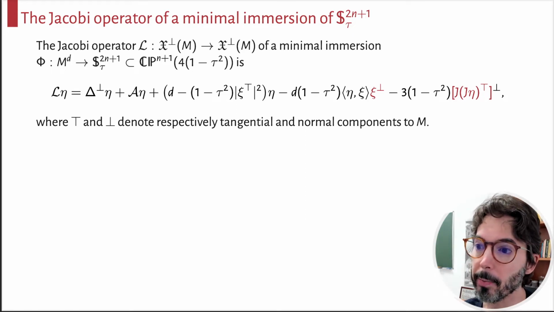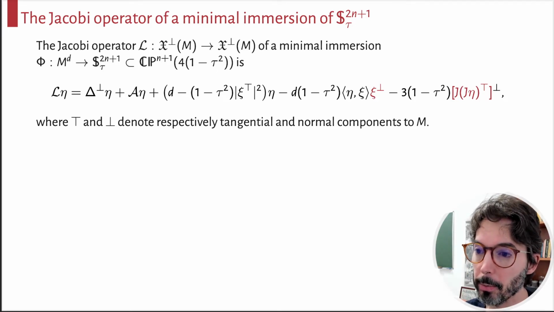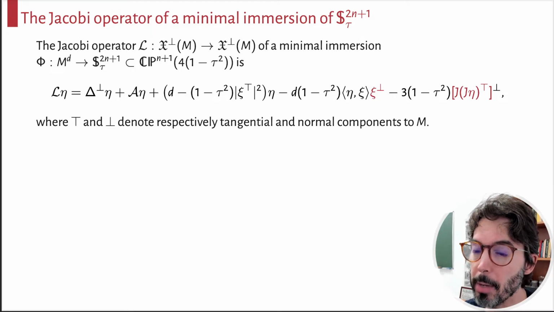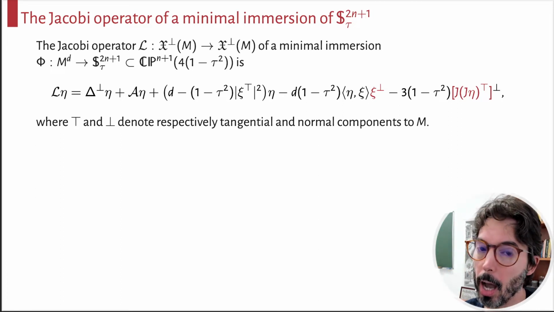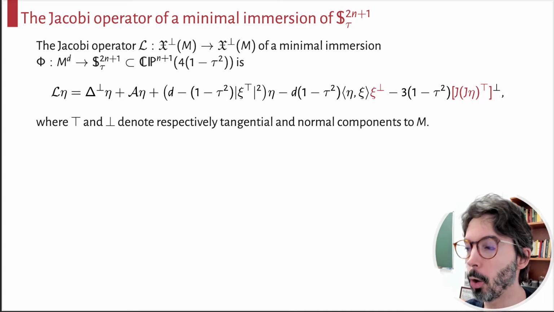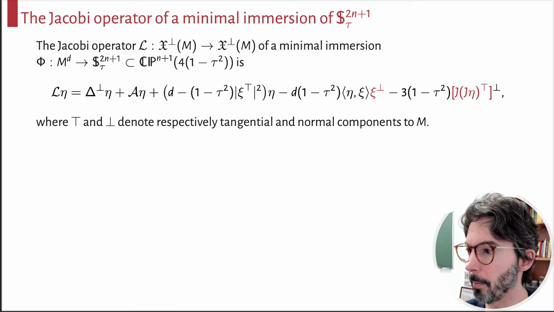The first one is the normal component of the Killing vector field psi, and the second one is related with the behavior of the normal bundle with respect to the complex structure J. So if our immersion is well behaved with respect to psi and J at the same time, then our Jacobi operator will have a simple form.